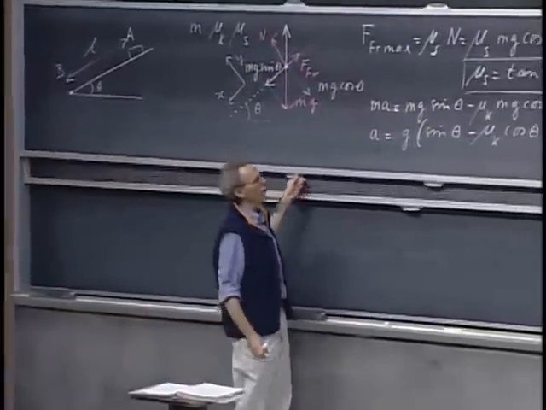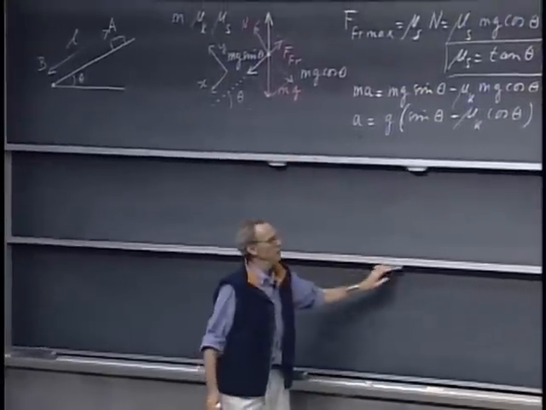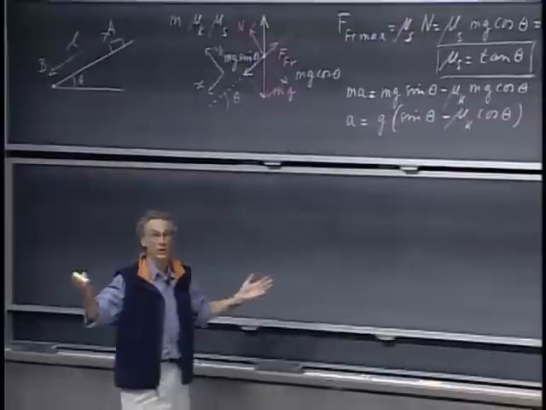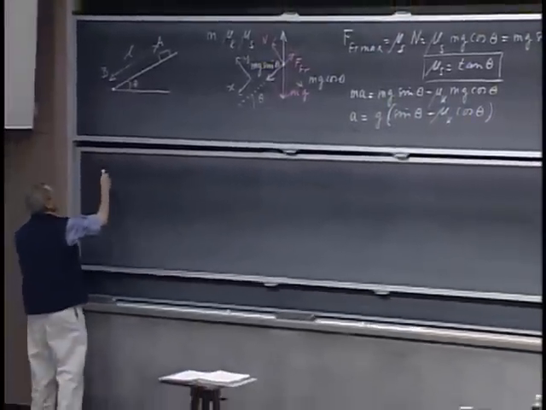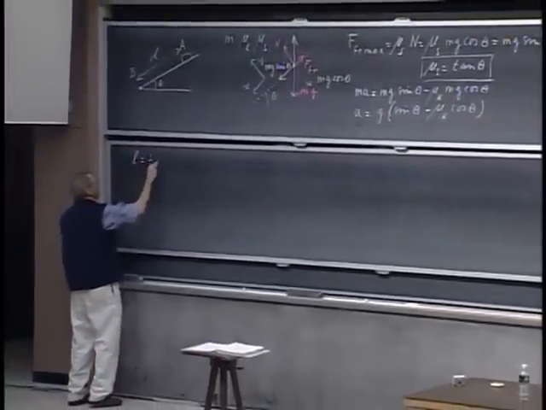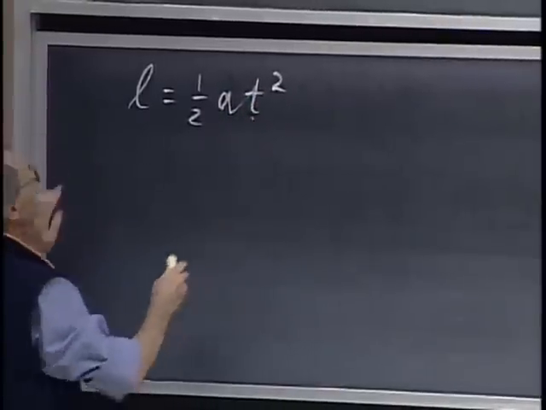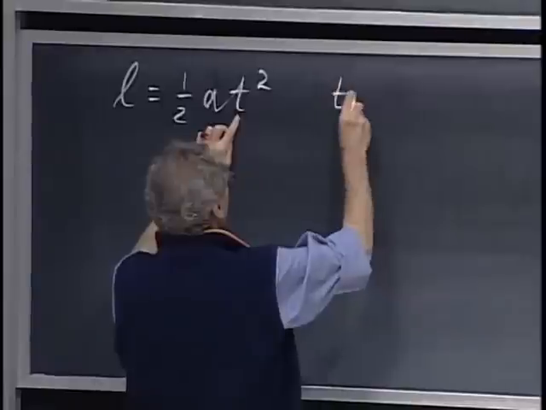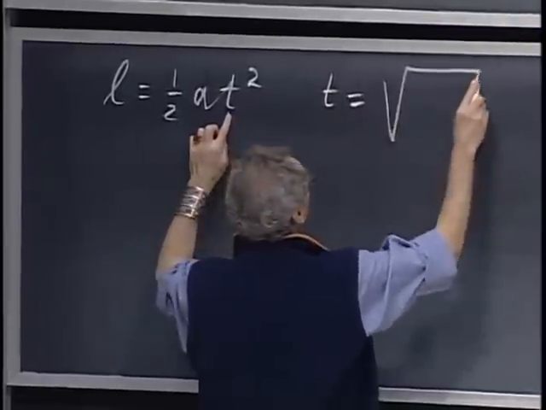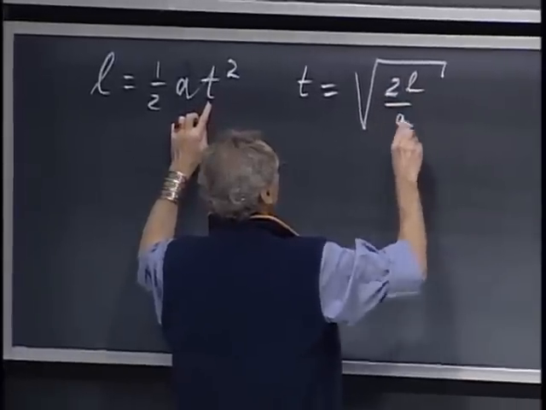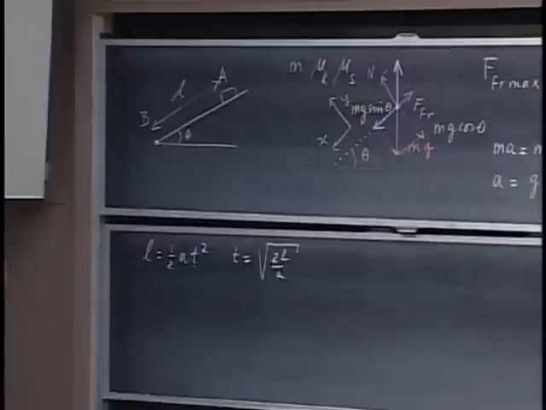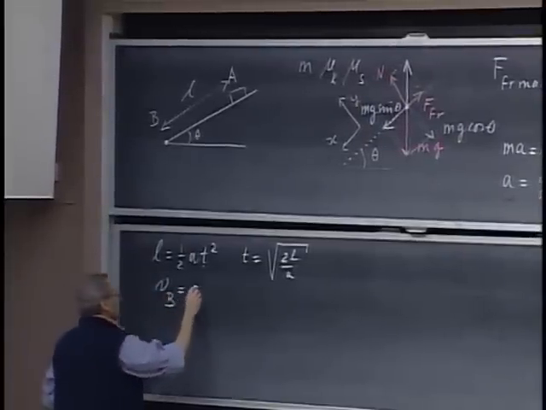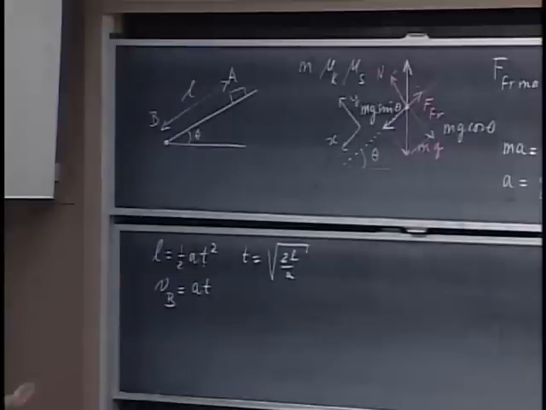Well, what we would have done early on in the course, we would have said, if I know the acceleration, and I know the distance, and I know the initial speed is 0, then clearly that distance L must be 1/2 a t squared, t being the time that it takes to go from A to B. And so t would be the square root of 2L divided by a. What speed would it have at B? Well, the speed at B would be at, early on in 8.01.